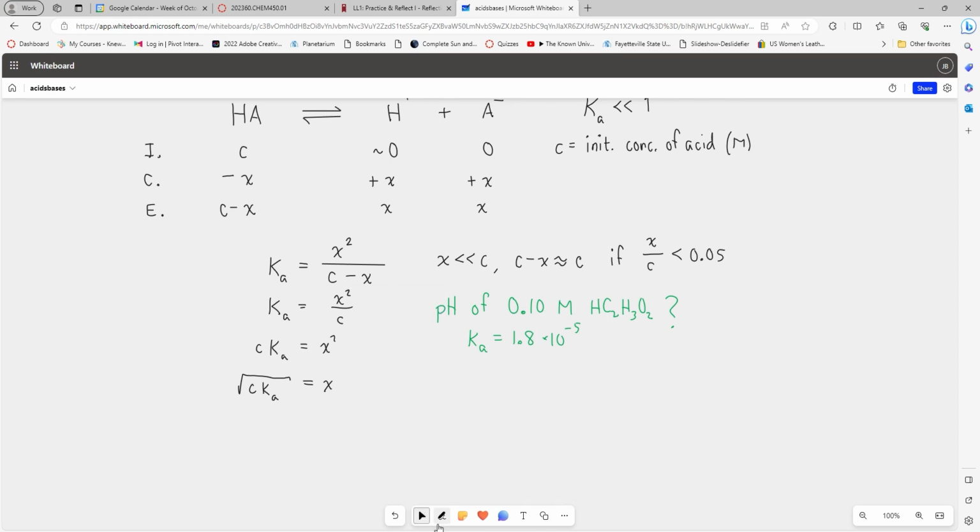We'll solve this one in blue. So using that formula, the concentration being 0.1 times the Ka value, 1.8 times 10 to the minus fifth, we're going to multiply these two numbers together and then take the square root. And that'll be the concentration of H+.